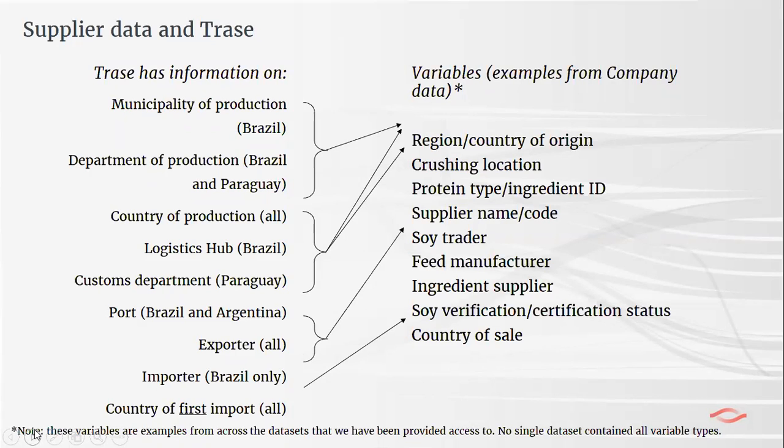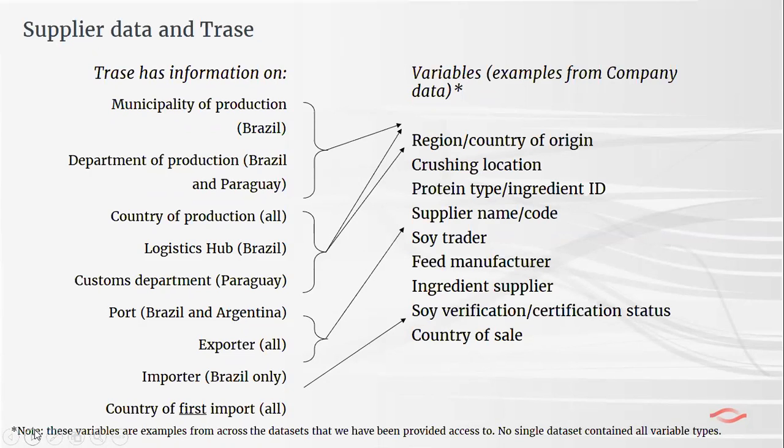Each company had various different levels of information, which depended broadly on the extent to which they had engaged their suppliers on the issue of soy deforestation to date, and also the relative position of the company in the supply chain. So a manufacturer typically would have different information compared to a retail company, for example.